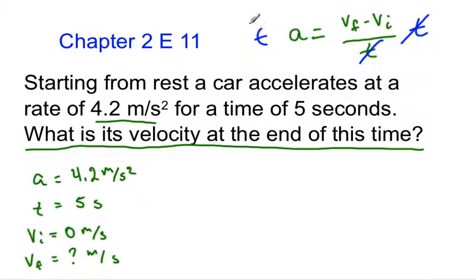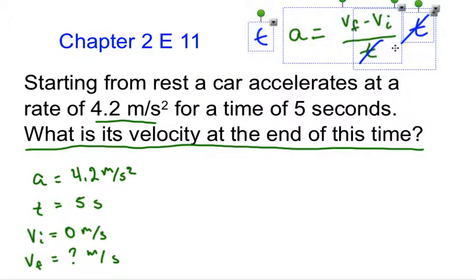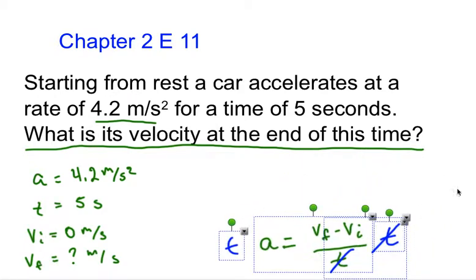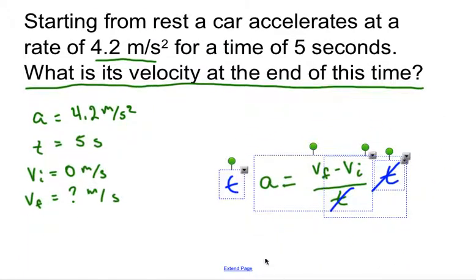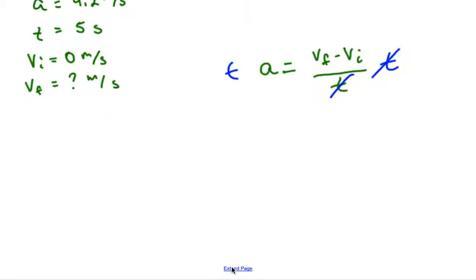Let me shift all this stuff down here to give me a little bit more room to work. Okay, so time times acceleration equals this stuff, so let me rewrite it. We have A times T equals VF minus VI. We want to get VF by itself.